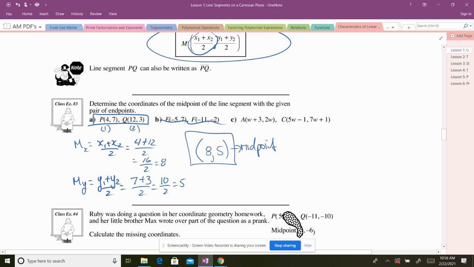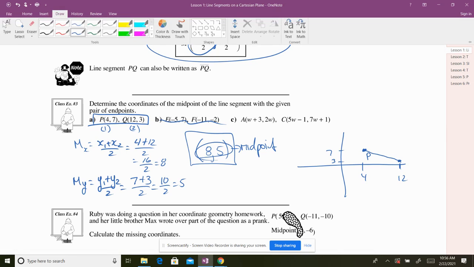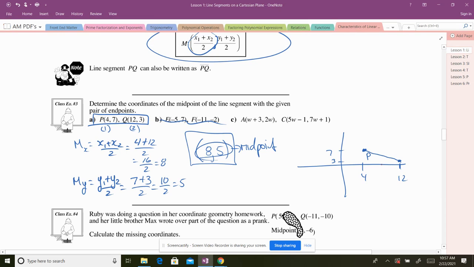On a graph, you don't have to draw this graph. This is just a visual. If I have the point 4, 7, there's P, and then the point 12, 3, there's the line connecting them. The midpoint is at 8 and 5.